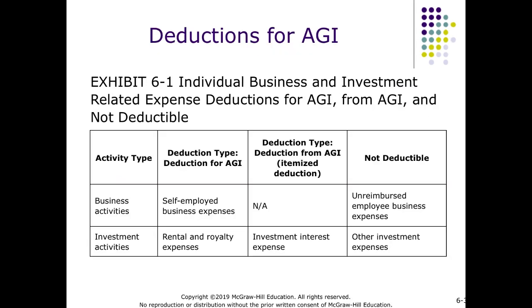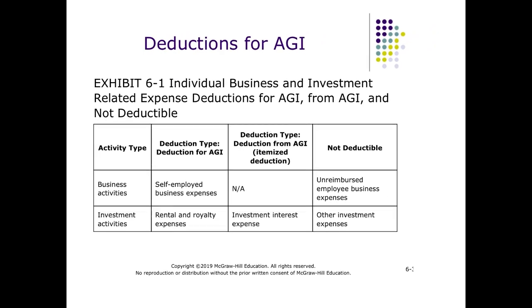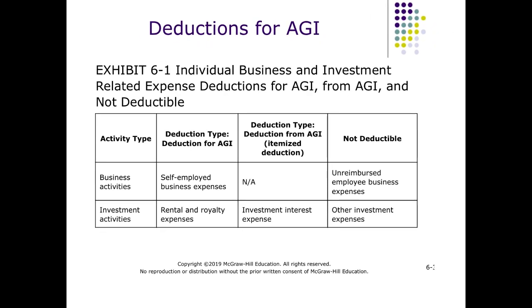Okay? All right, so this is just a kind of a table that looks at your activity type and the deduction type for AGI, okay? And then what types of expenses are deductible from AGI, and then things that are not deductible at all, okay?